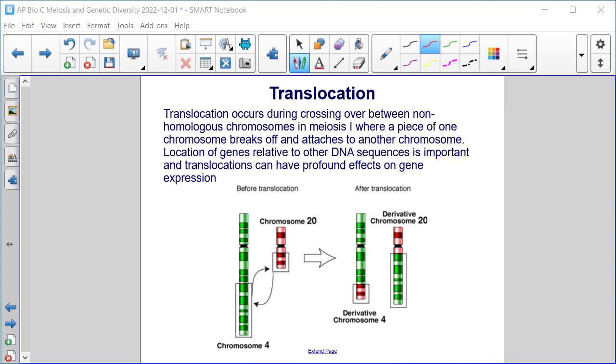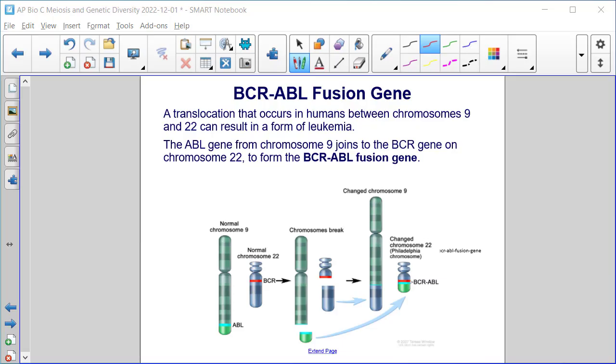The location of genes relative to other DNA sequences is important, and translocations can have profound effects on gene expression. A translocation that occurs in humans between chromosome 9, which you see here, normal, and chromosome 22, normal here, can result in a form of leukemia.